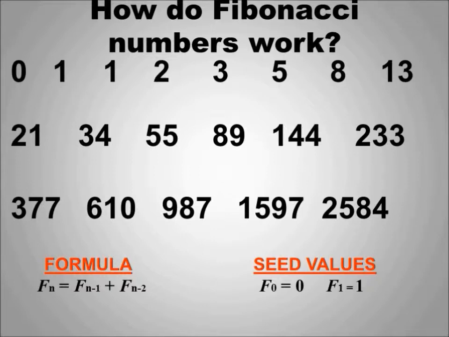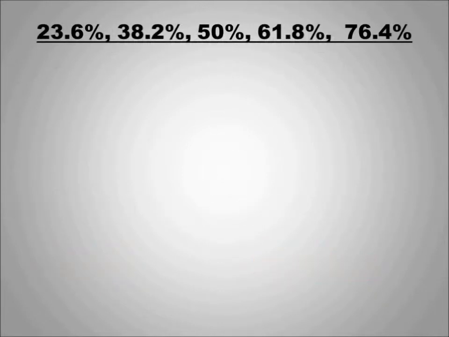As we saw in the previous charts, these percentages, the 23.6%, in an uptrend, the 23.6% was our first line of support. Our second line of support was the 38.2% line. The third line of support was our 50% line.